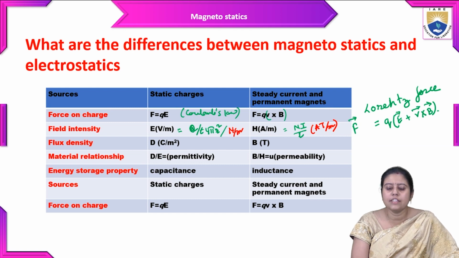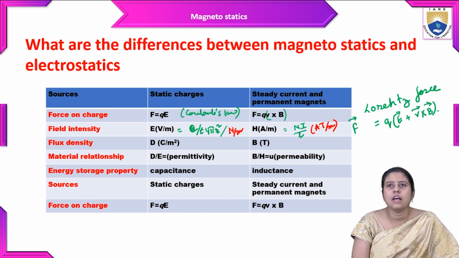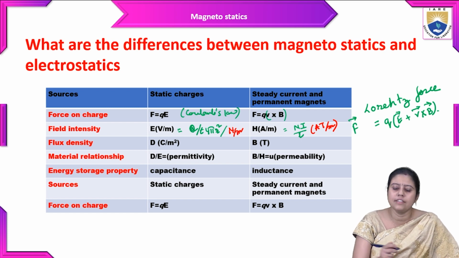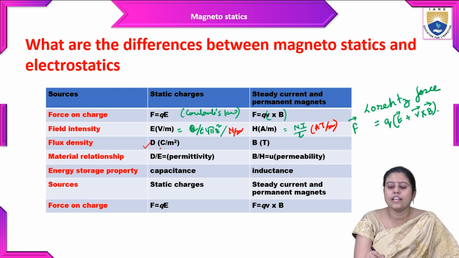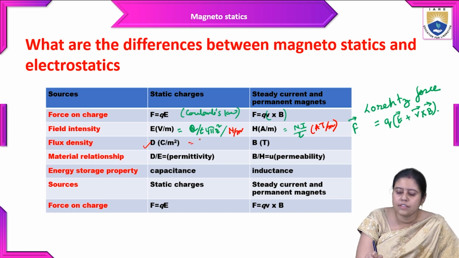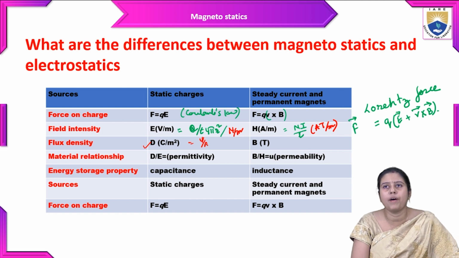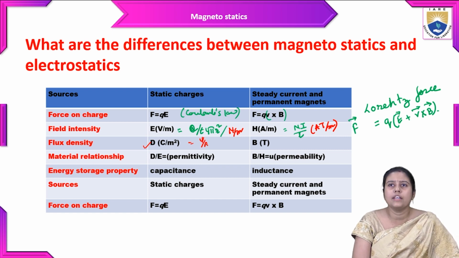What is the flux density? Flux density means flux per unit area. Electric flux per unit area is written as D, and the unit is coulomb per meter square, and it is equal to psi by A, the electric flux per unit area. What is the magnetic flux density?